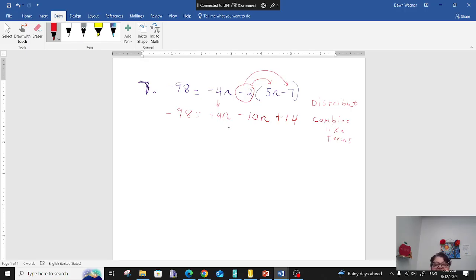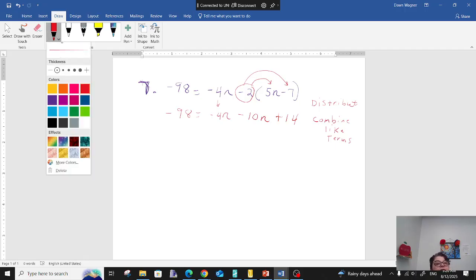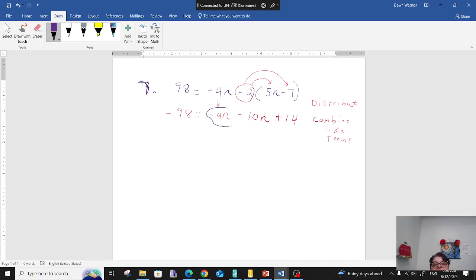Okay, so what are my like terms? Yep. And I have to be careful of signs again because this is negative 4n. This is negative 10. What's a negative 4 minus 10? Negative 14n. Those signs are awful.